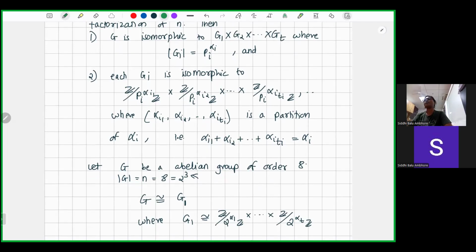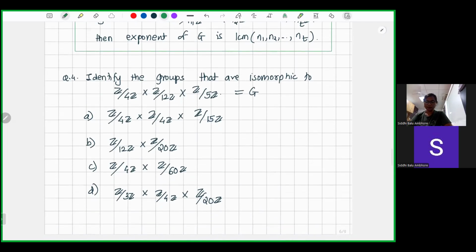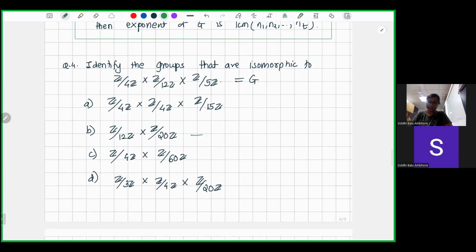It's some group of order a pure power of P. But when you look at these groups here, I have in the options this group Z12 cross Z20, which does not suit the exact expression for groups given in the structure theorem.